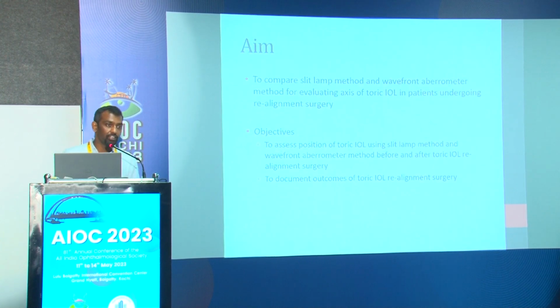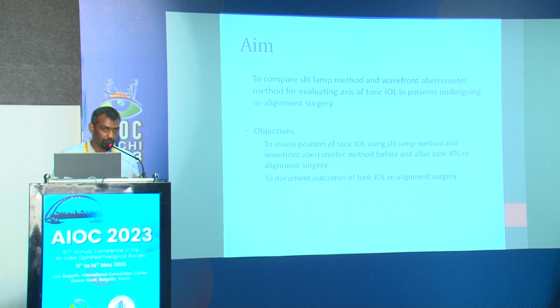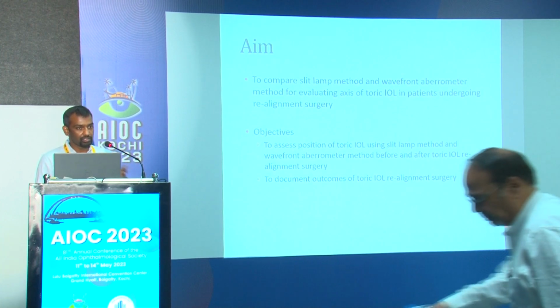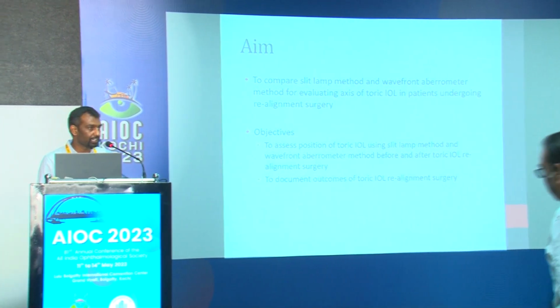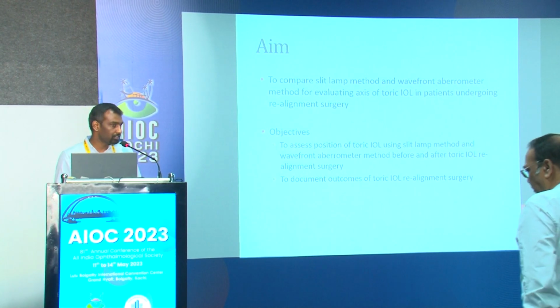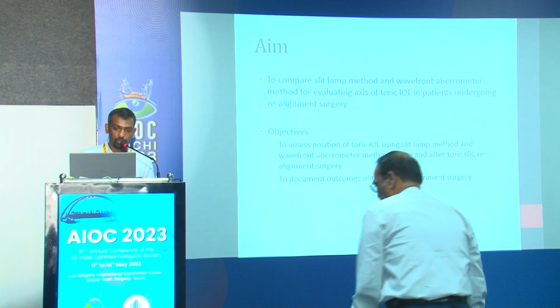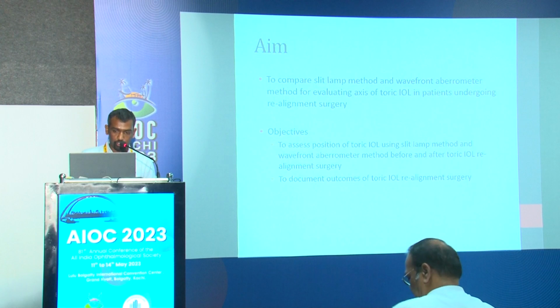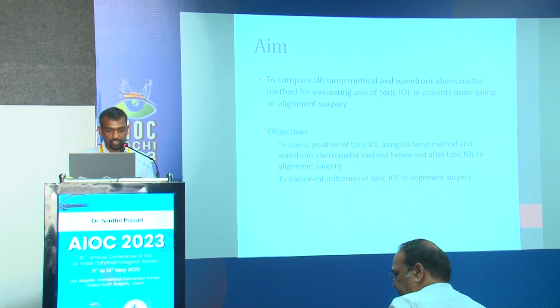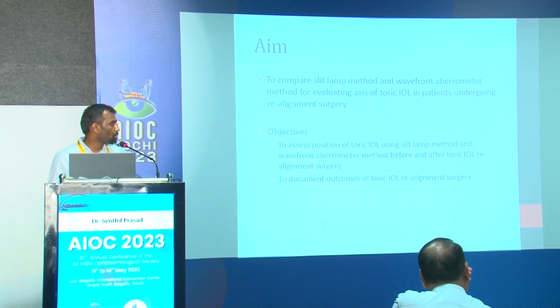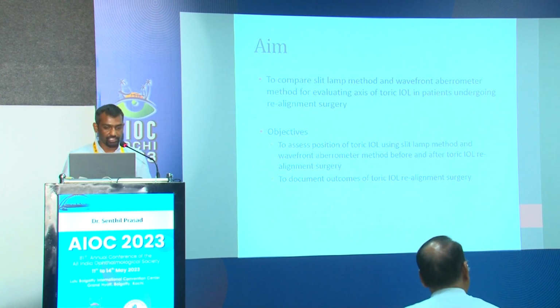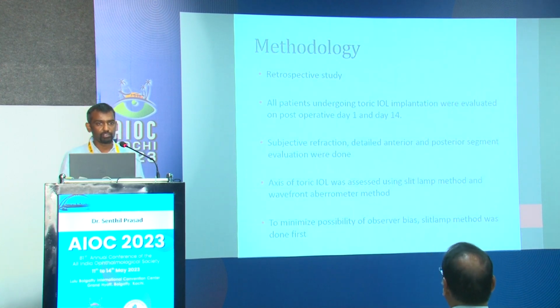So we devised a study to compare the effectiveness of two methods. One is a subjective method, which is the slit lamp method, and an objective method, which is the wavefront aberrometer method, to assess the position of toric IOL in the postoperative period. We also tried to document the outcomes of toric IOL realignment surgeries. It's a retrospective study.